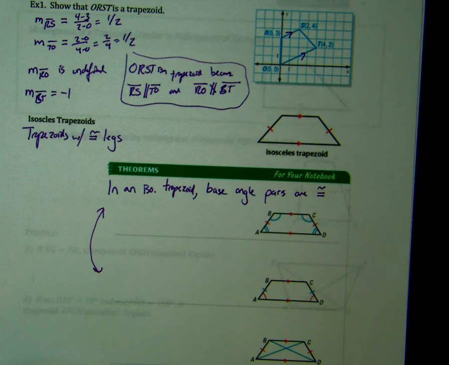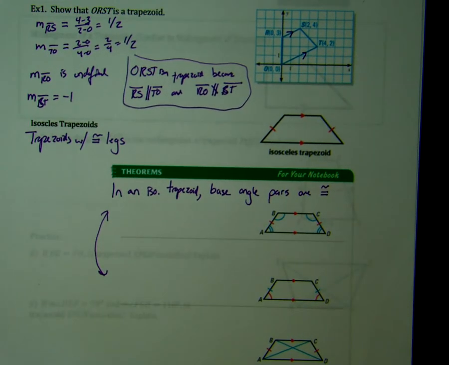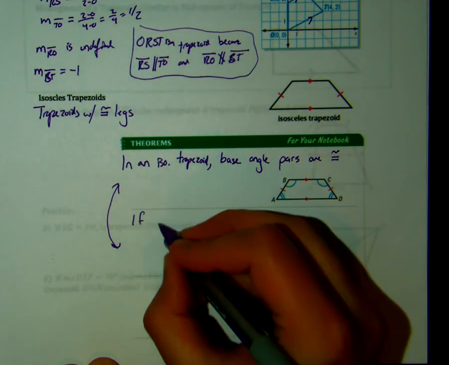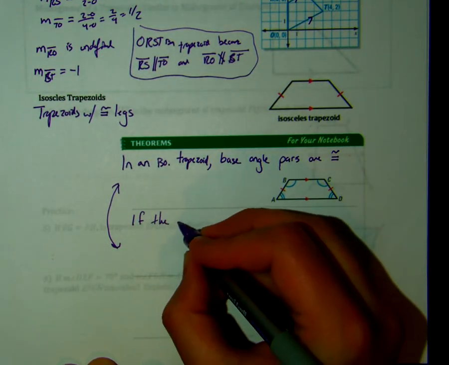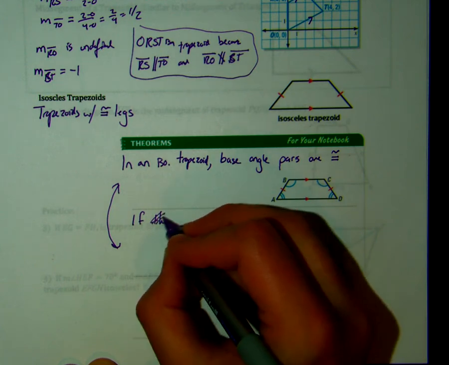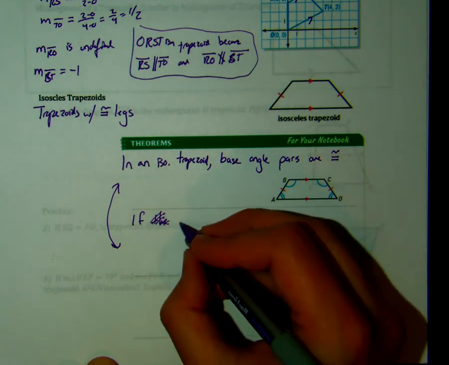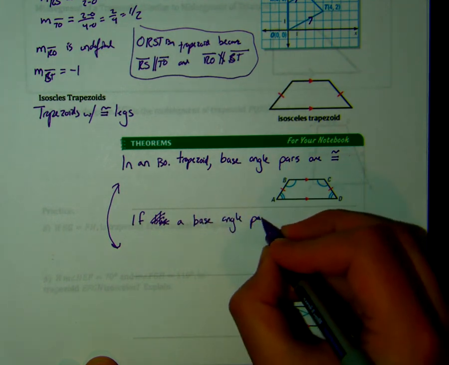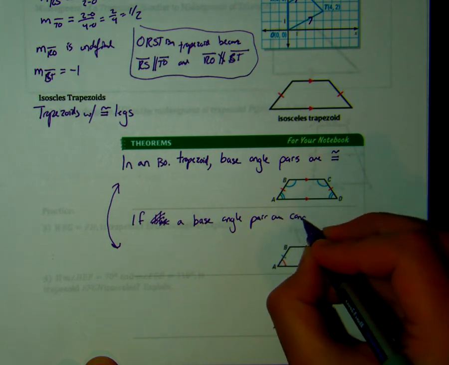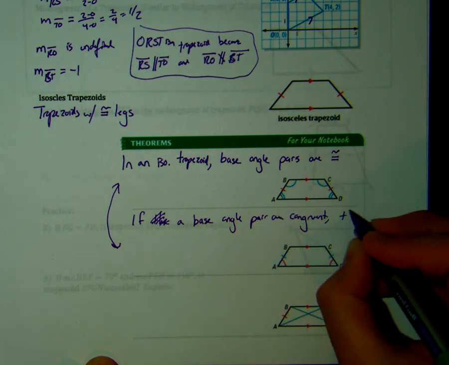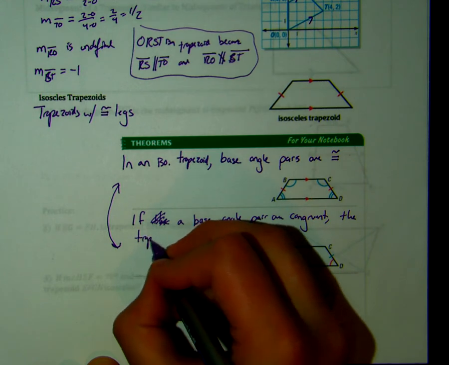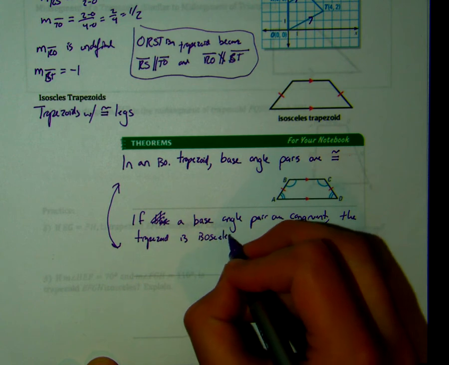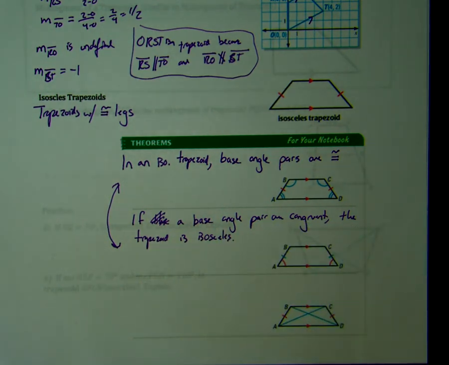All right, this next one is just the converse of that. If a base angle pair is congruent, then the trapezoid is isosceles. All you actually need is one, so you don't need to prove both pairs.